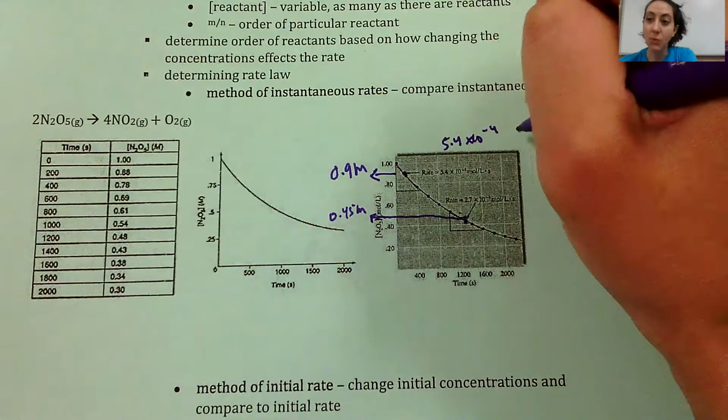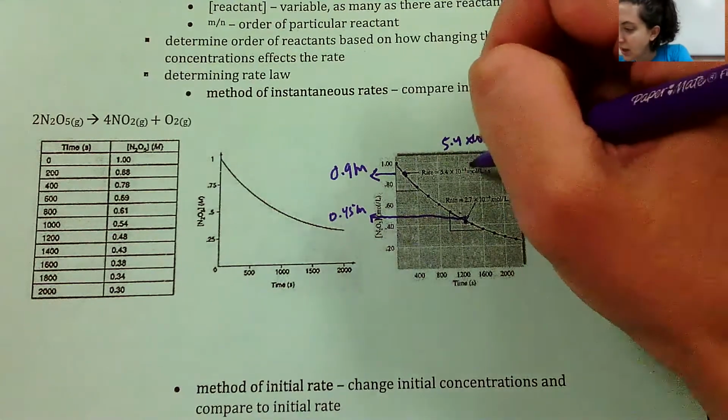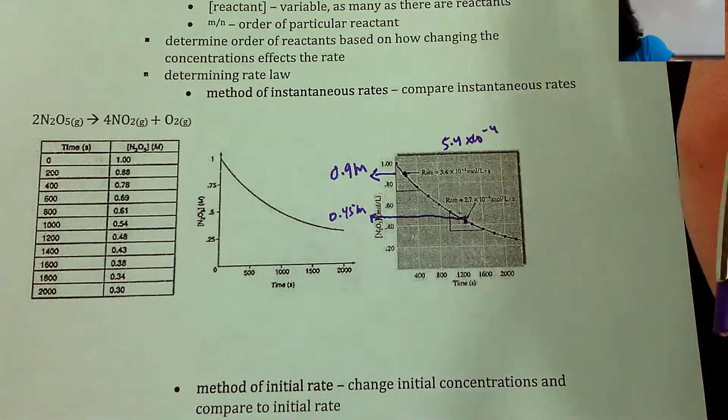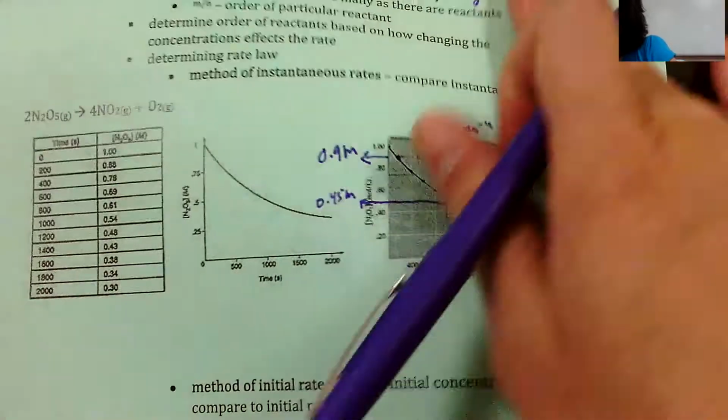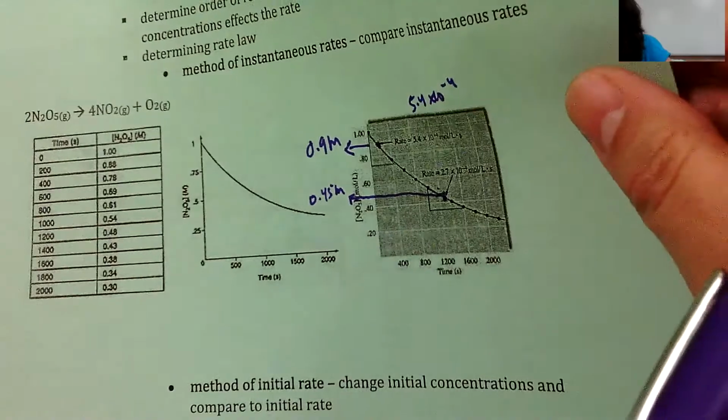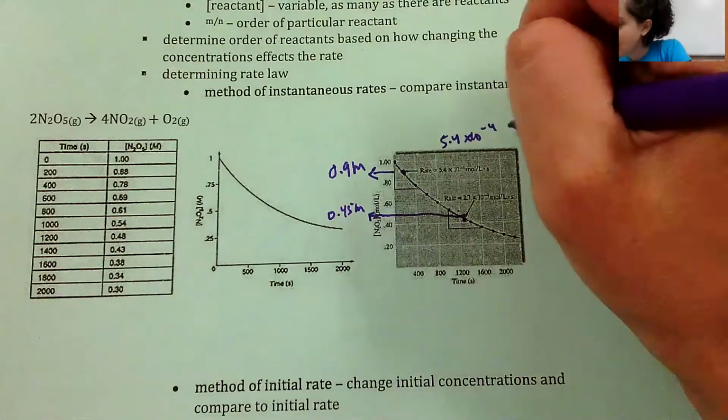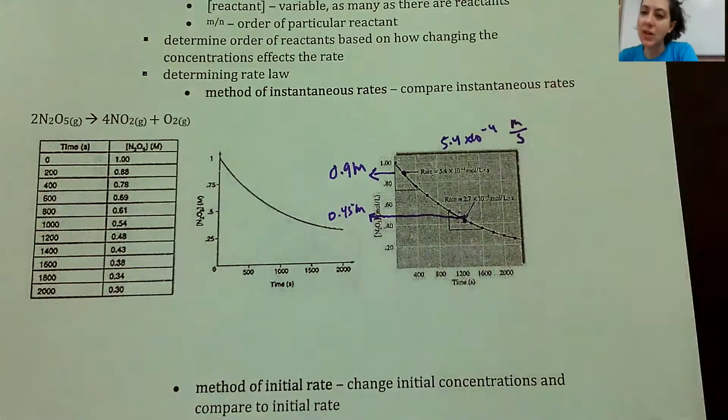Now, rate is in a weird measurement. It's in moles per liter per second. Moles divided by liters per second. Yeah, okay. So it's really molarity per second, which kind of makes sense.